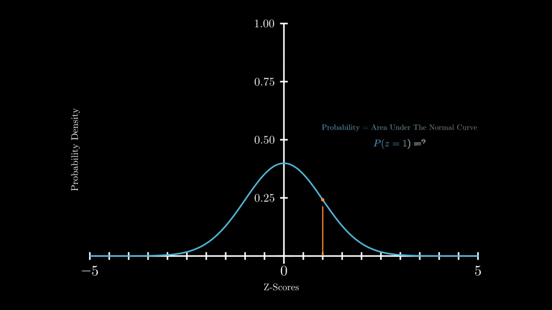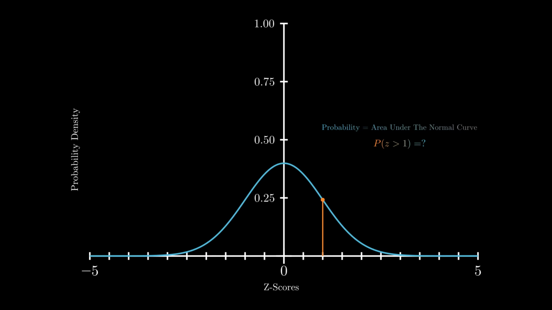So suppose you want to find out the probability of z exactly equal to 1. That is represented by the orange line. But since a line has no width, it has no area. Thus, the probability of z exactly equal to 1 is 0, which is the same as saying that the probability of z greater than or equal to 1 is the same as the probability of z greater than 1.